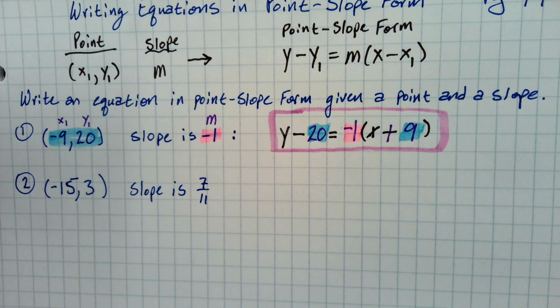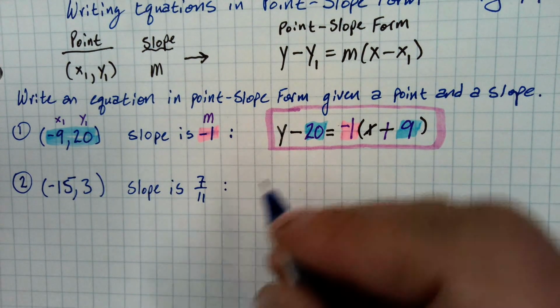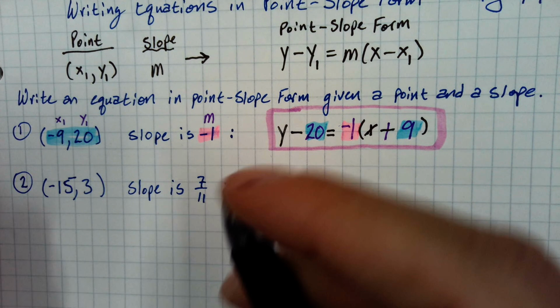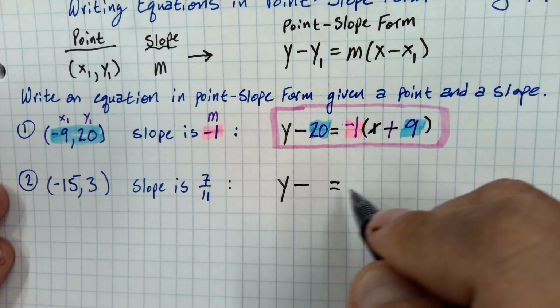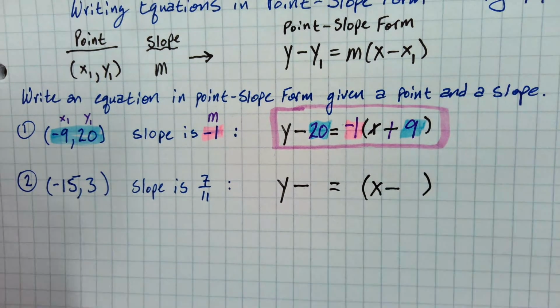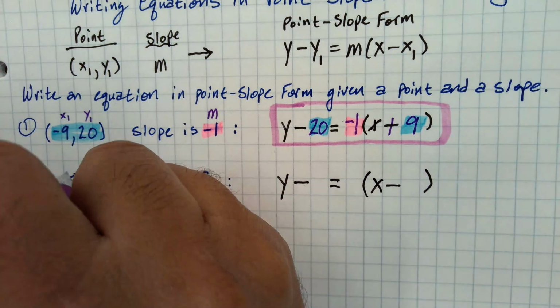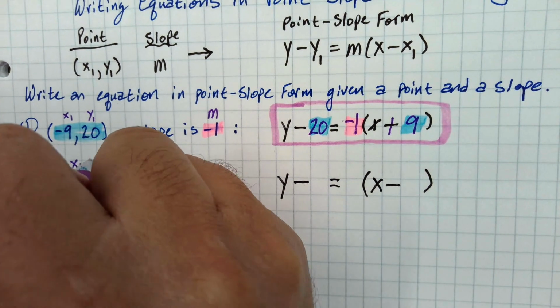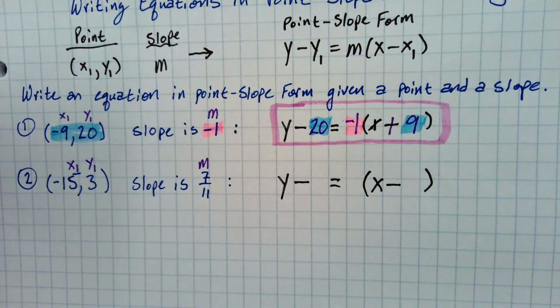Now we're going to go a little quicker because we did one already. I'm still going to just leave those blank spaces. But now we kind of know what we're looking for. This is x1, y1, and this is m, the slope.